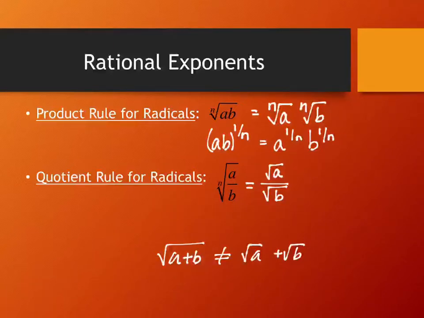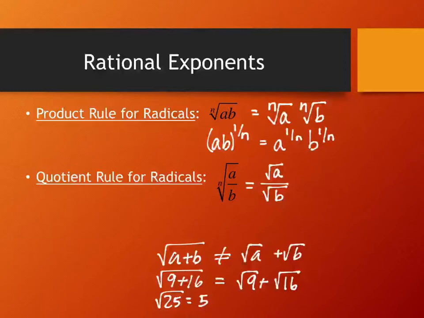Well, you can't, and I'd like to show you a really easy example to see why. I'd like to use the example, we'll go with 9 plus 16. What is 9 plus 16? 25. What's the square root of 25? 5. Fabulous. If you were able to do what I just said you can't do, you'd be able to rewrite it like this.